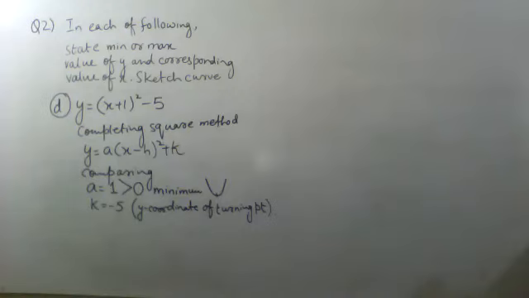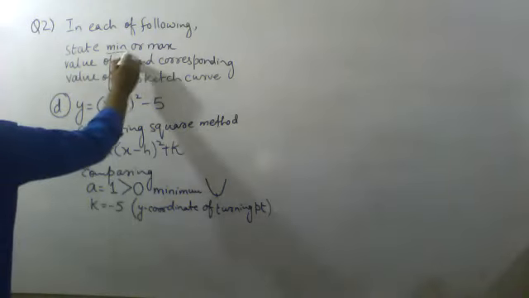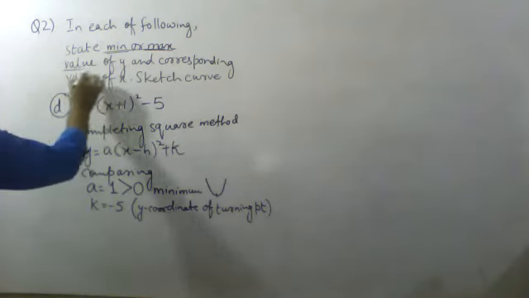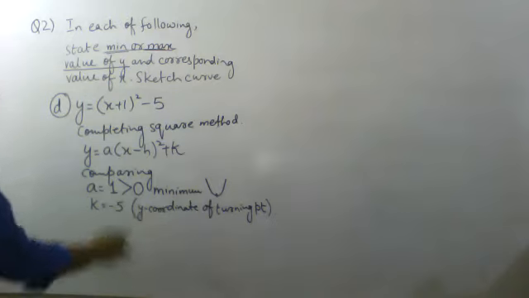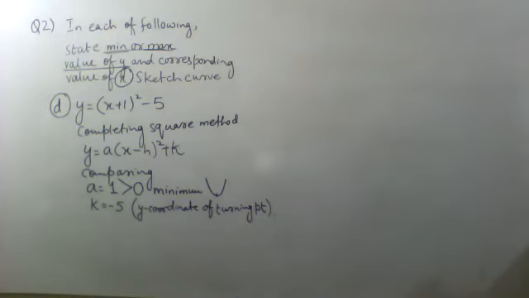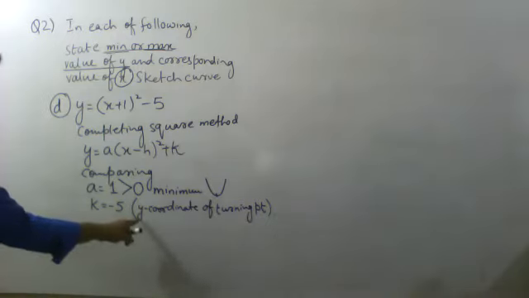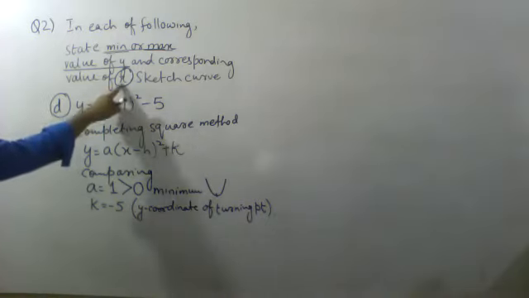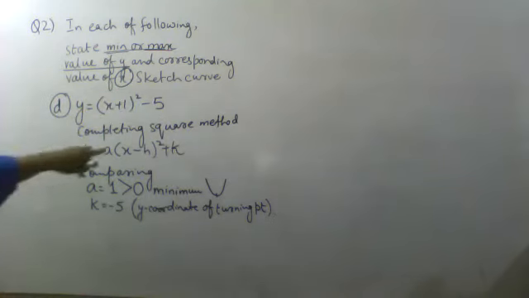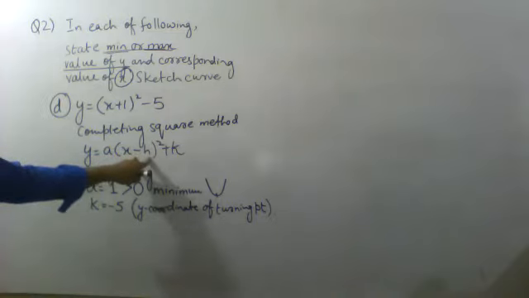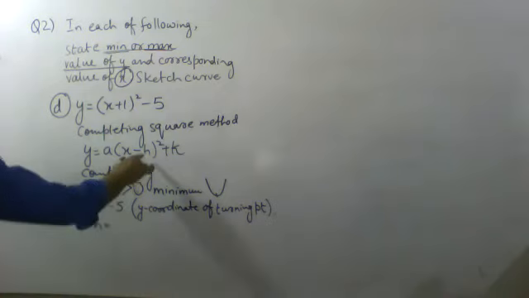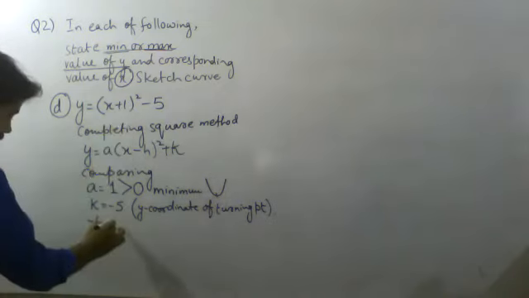After that, I have got the minimum value of y. Now I have to find the corresponding value of x on the x-axis. How will I get that? It is represented by this minus h equals 1.